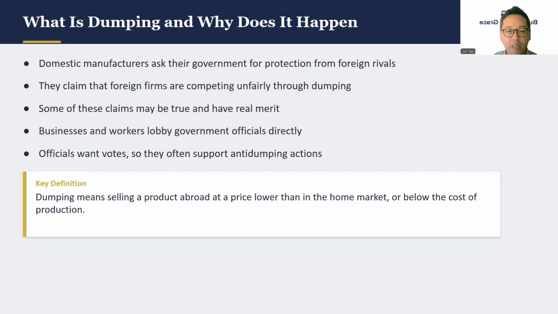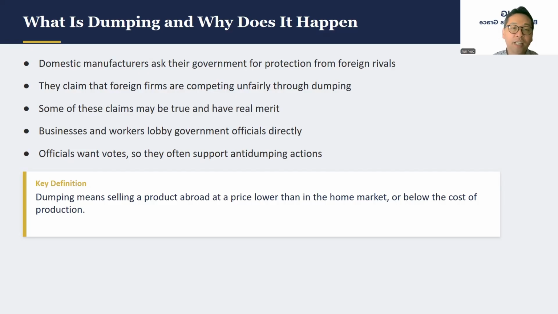Government officials think about future elections. They know that protecting local jobs can win votes. So officials often support anti-dumping duties, even when the economic case is weak. This mix of economics and politics is very important to remember.